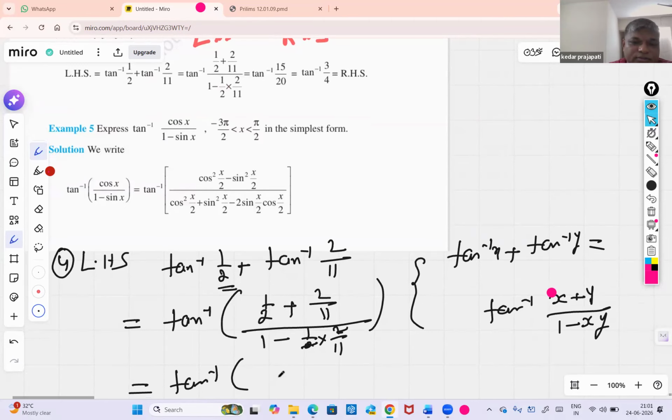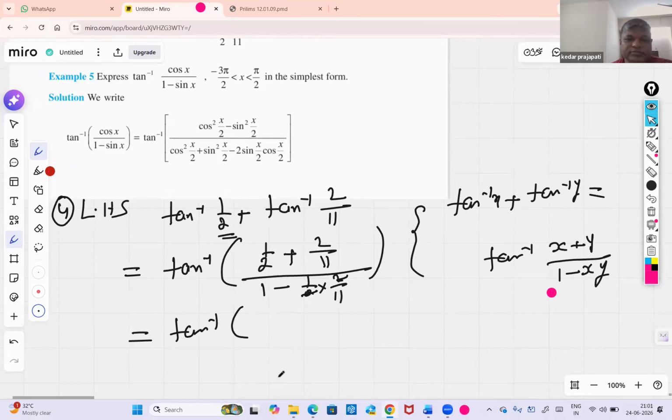LCM of 11 and 2 is 22. So it is 11 plus 4, 15, divided by 22, and in the denominator 11 minus 1, 10 by 11.